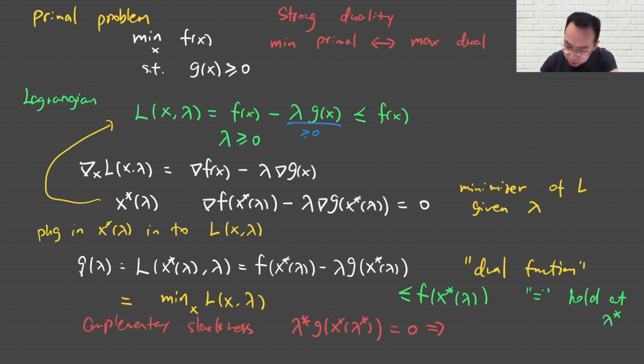So this implies that because the second term equals 0, you have q of lambda star equals f of x star of lambda star. So this lambda star is a maximizer of this problem. That is implied by the complementary slackness of the KKT.